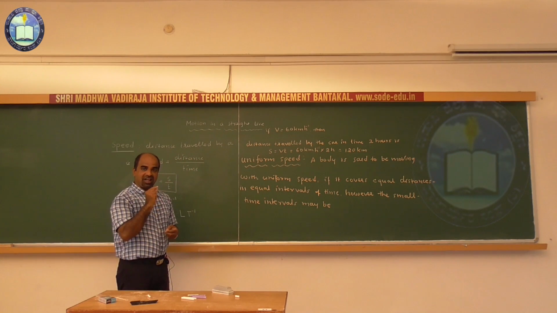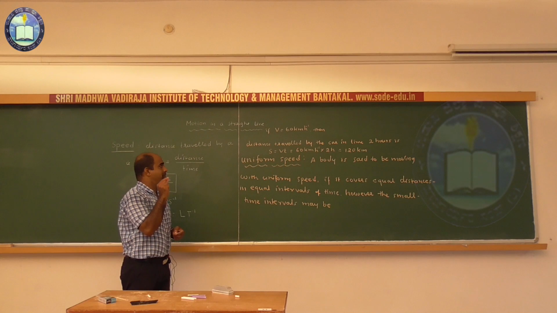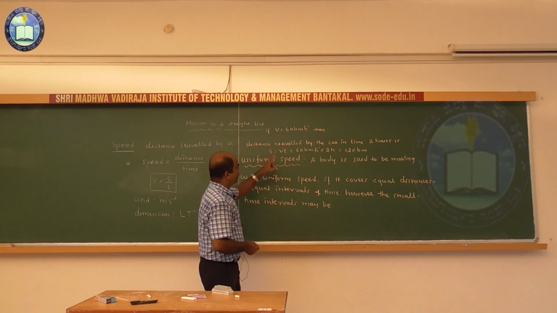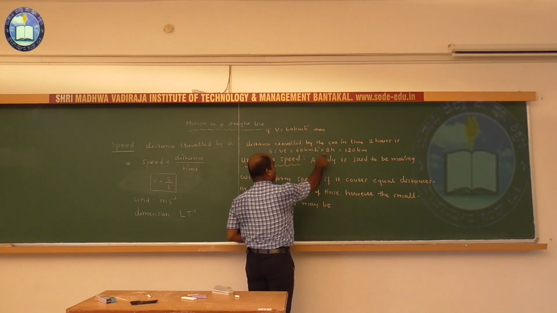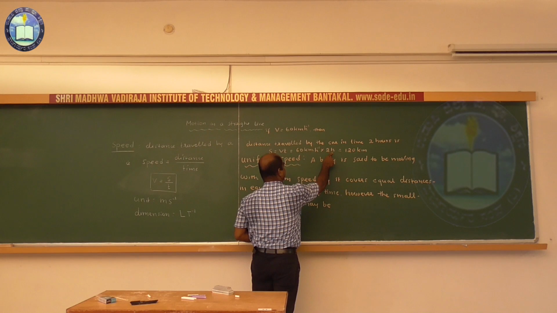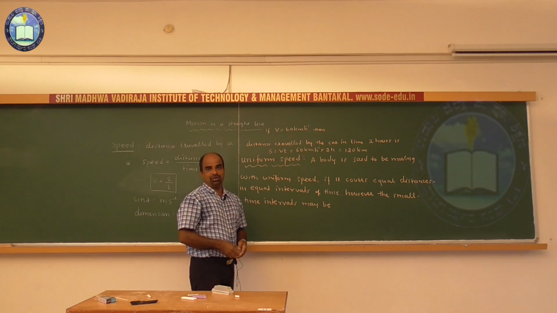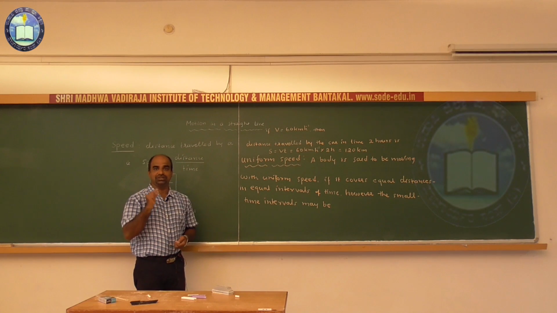If a car travels with speed 60 kilometer per hour, the distance traveled by the car in time 2 hours is given by S is equal to V into T, which is 120 kilometers. I hope all of you understood what is speed and what is uniform speed.